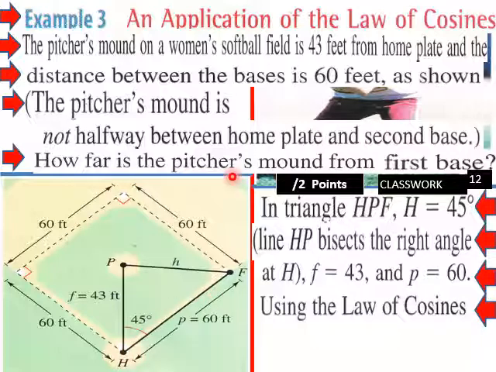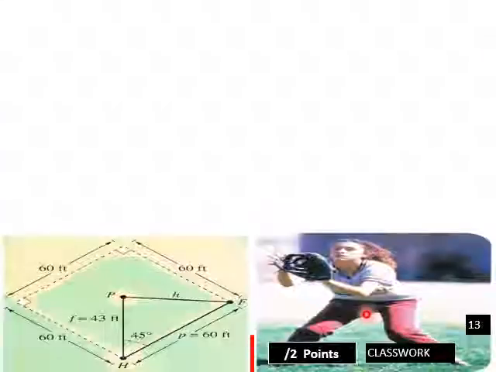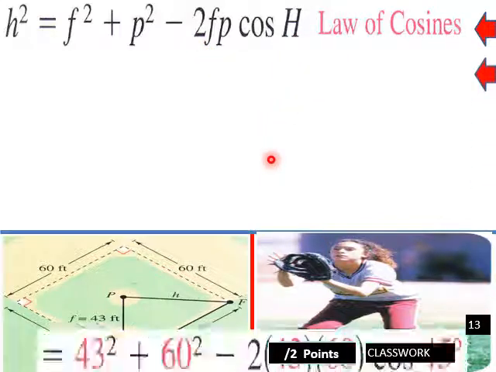Using the law of cosines for this SAS case, h squared, which is our h squared here, equals f squared plus p squared minus 2fp cosine h, which is our law of cosines.